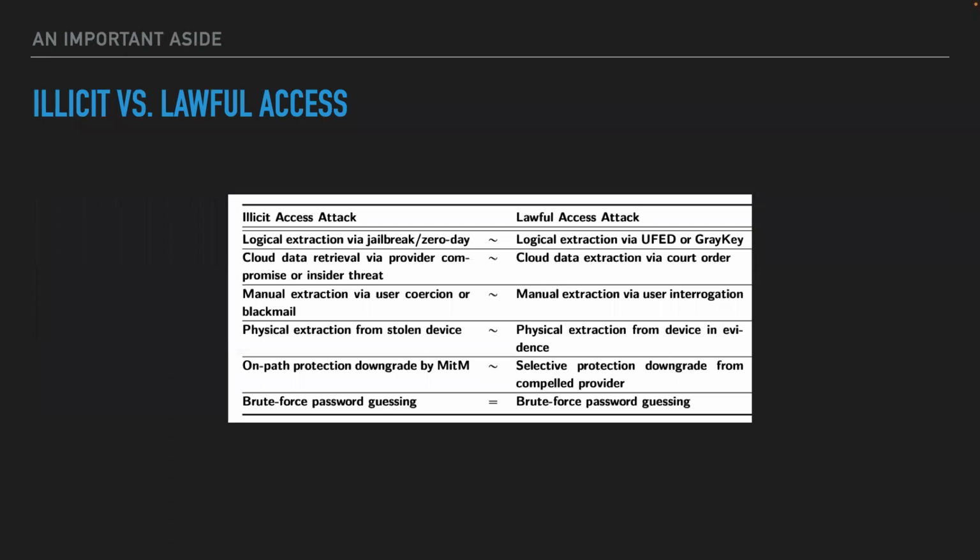Now, there's an important aside I'd like to make, which is comparing illicit and lawful access to data, both of which we consider unauthorized, but are obviously on very different sides of a legal analysis. What I'm showing you here is a set of comparisons that we make between roughly equivalent methods of accessing data on devices, one lawful and the other illicit.